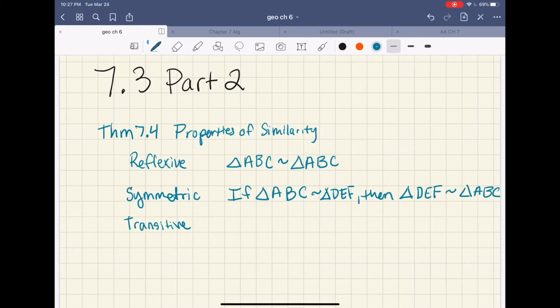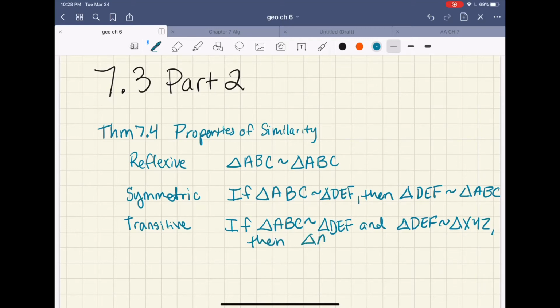And transitive, hopefully you know this one pretty well by now, how to predict what's going to happen. If ABC is similar to DEF and DEF is similar to XYZ, then ABC is similar to XYZ.